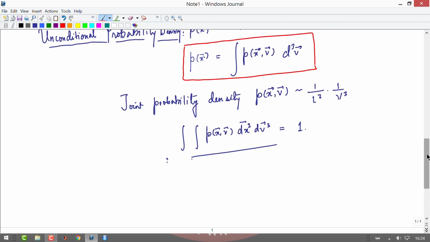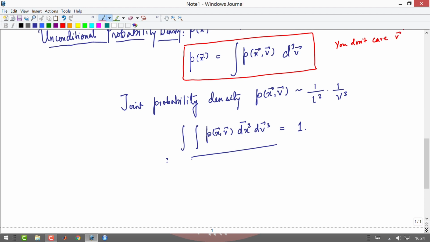Now, this is basically a concept that says I want the information of a small subset of variables, and I don't care what the values of the remaining subset of variables are. Like in this expression, you don't care about the velocities, because that is one subset of your variables.